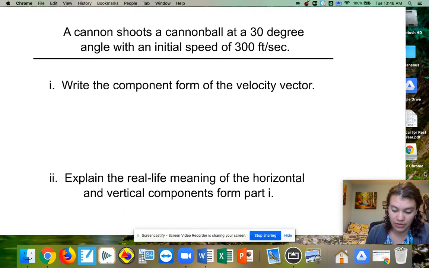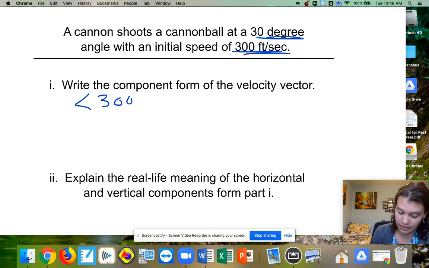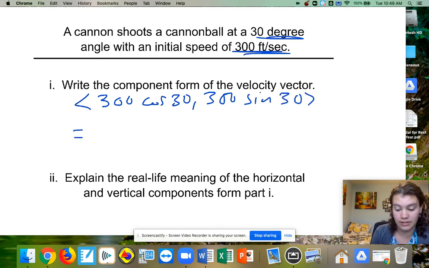Okay, so a cannon shoots a cannonball at a 30-degree angle with an initial speed of 300 feet per second. So this is your magnitude. Here's your angle. To write the component form, you want 300 cosine of 30, 300 sine of 30. And then type this in. It doesn't have to be exact, you can just use a calculator, but make sure you're in degrees because it gives you a measurement in degrees.